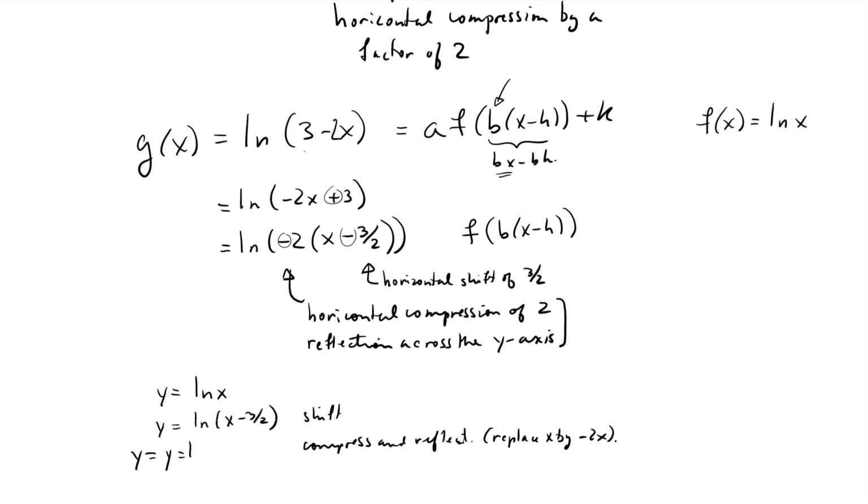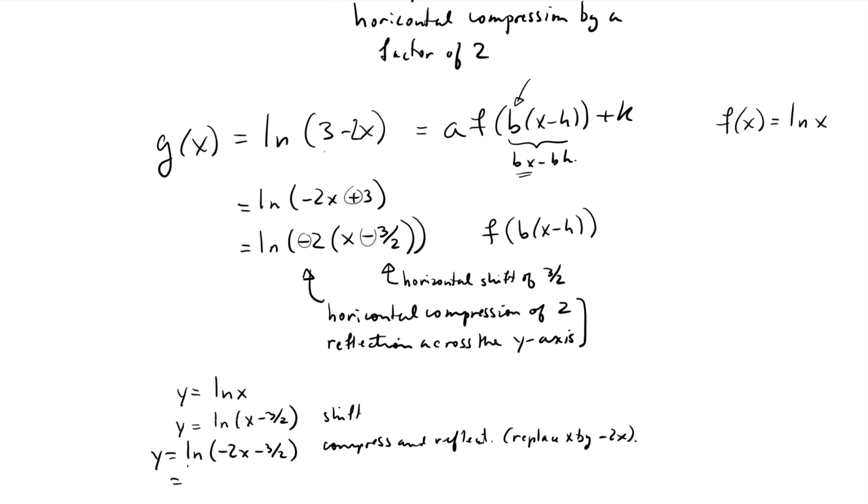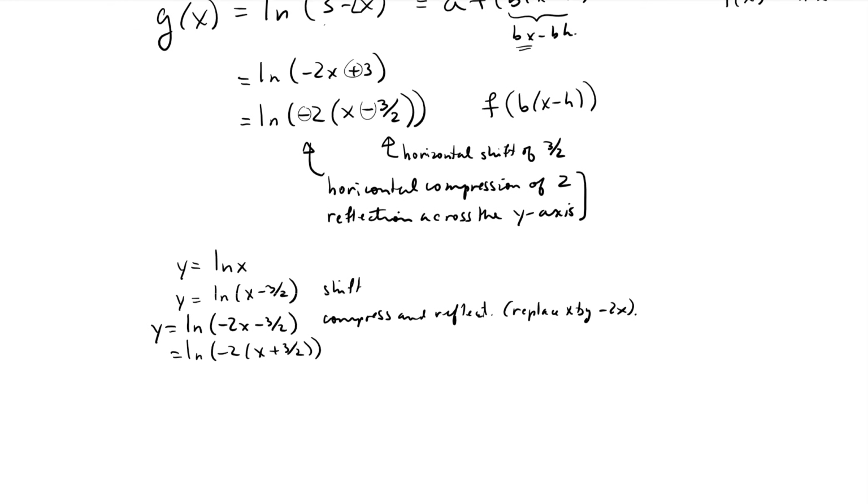If I do this, if I replace x by minus 2x, notice that I won't get what I have above. If I factor the minus 2, I'm going to get x plus 3/2, and I have x minus 3/2. So this isn't right. So I shouldn't be compressing last.